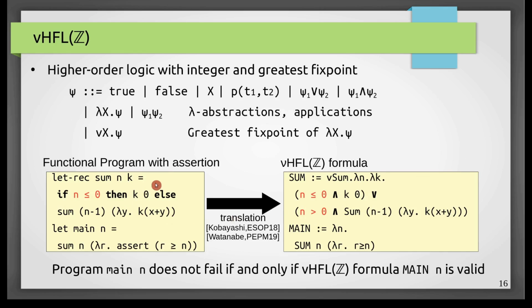And then the branch k of 0 is translated as it is, and so is the else branch. The third expression is also translated as it is. Like this, nuHFL can precisely express the properties of functional programs.